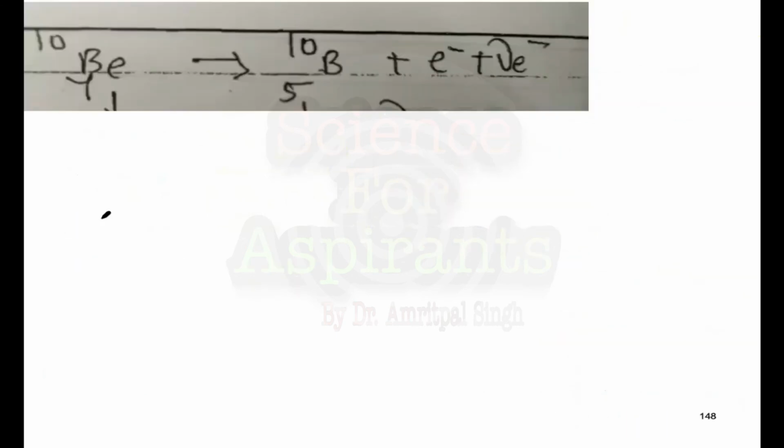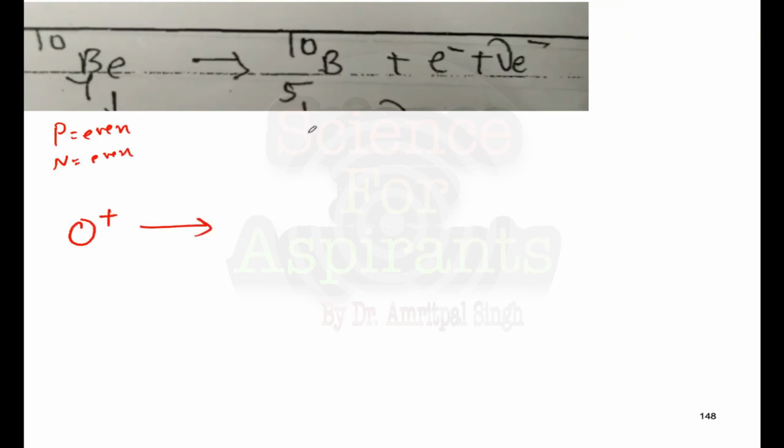So this is another example you can solve. In this case, the beryllium is being converted into boron. Beryllium has an even number of protons and an even number of neutrons, so its J value is 0.